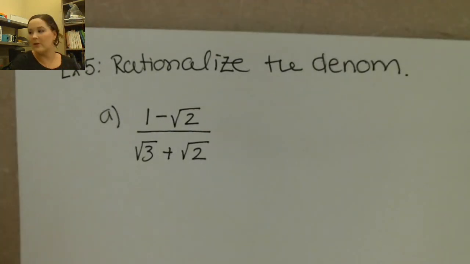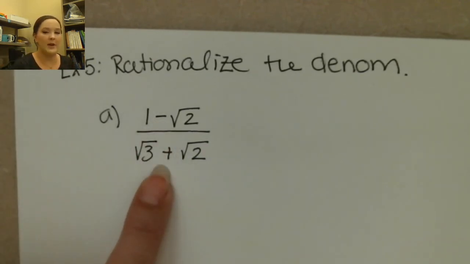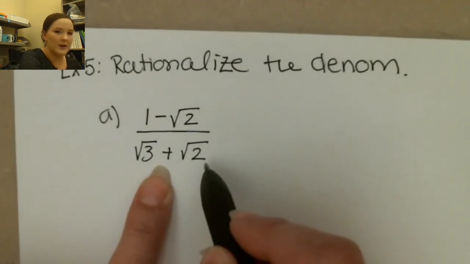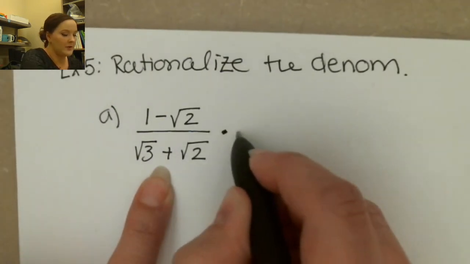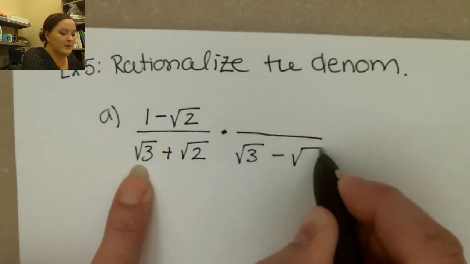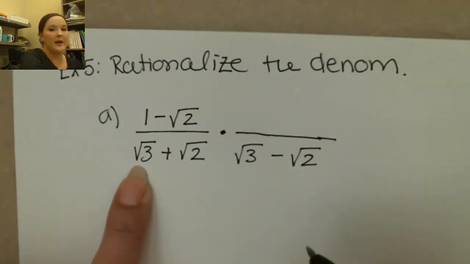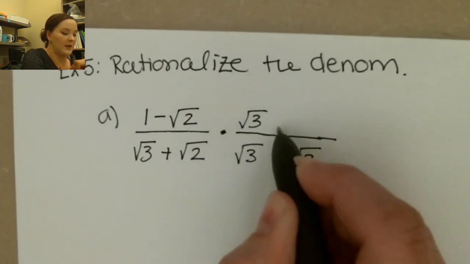You can see here that both the numerator and the denominator are radical expressions. If you want to rationalize the denominator, you're going to use the conjugate of the denominator. Our conjugate for the denominator is root 3 minus root 2. Because we multiplied by that in the denominator, we need to do the same thing in the numerator.